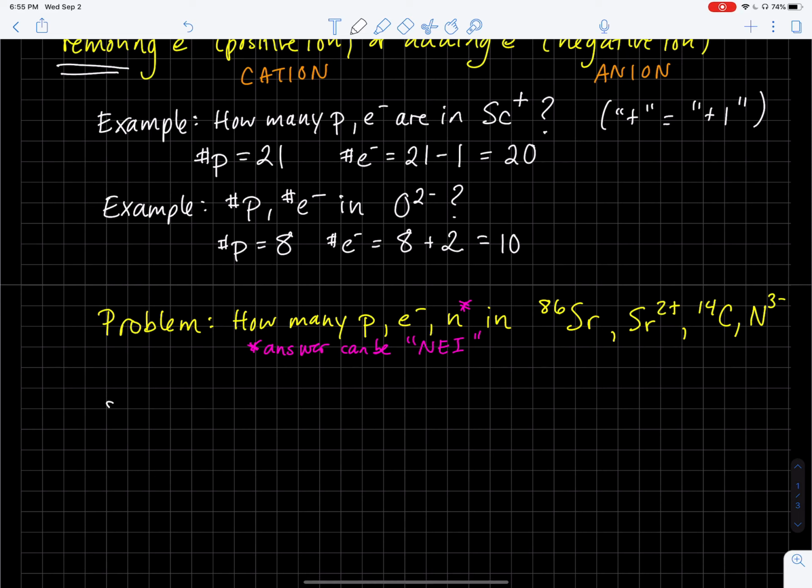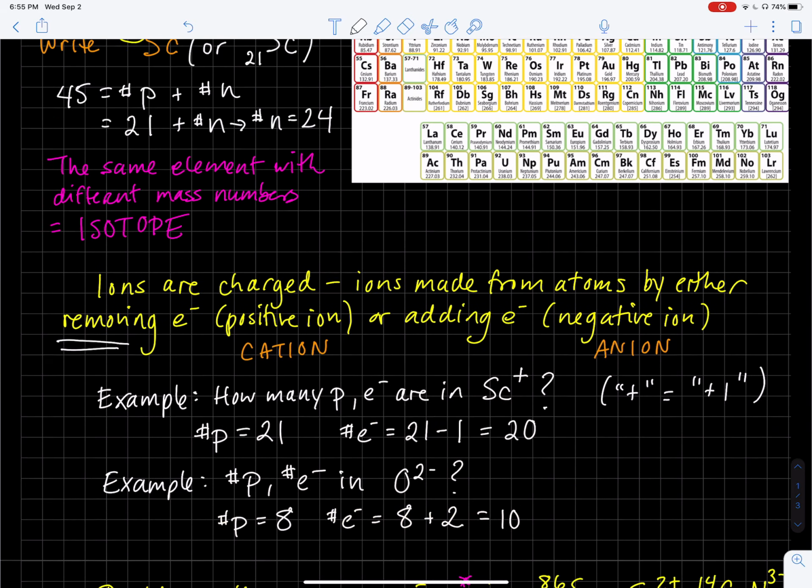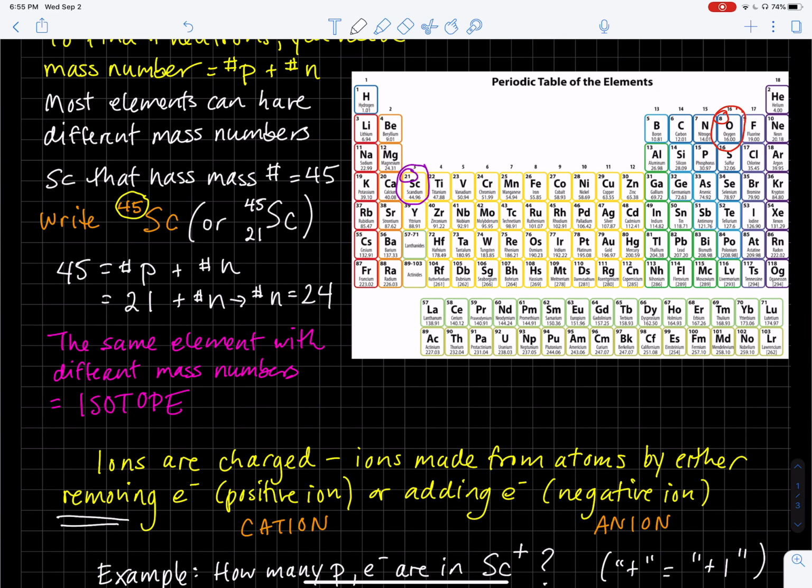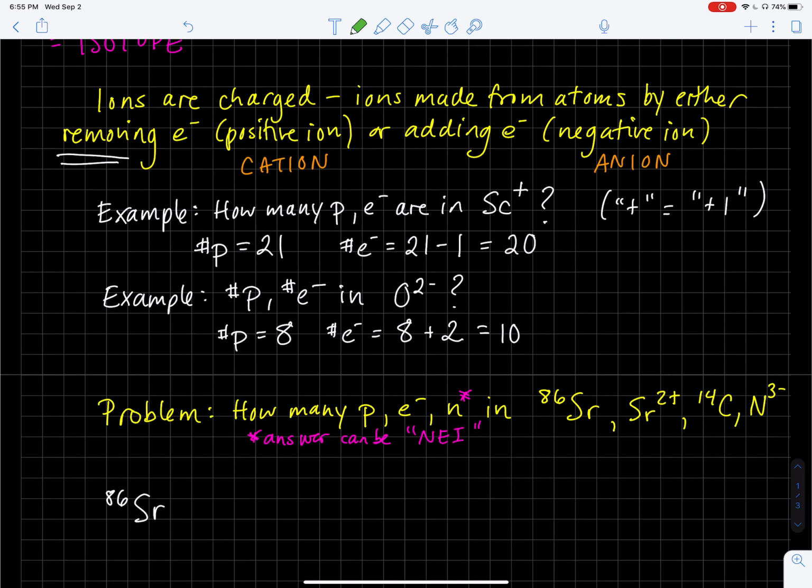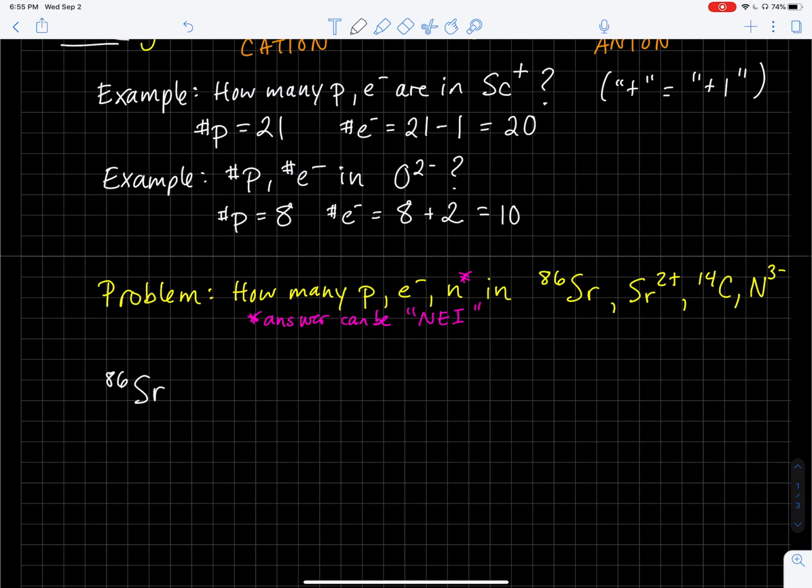All right, so my answer for strontium 86, I need to go to my handy periodic table, and I need to find strontium, which is right here. It's got an atomic number of 38. So the number of protons is equal to 38. This is a neutral atom, so the number of electrons is also 38.